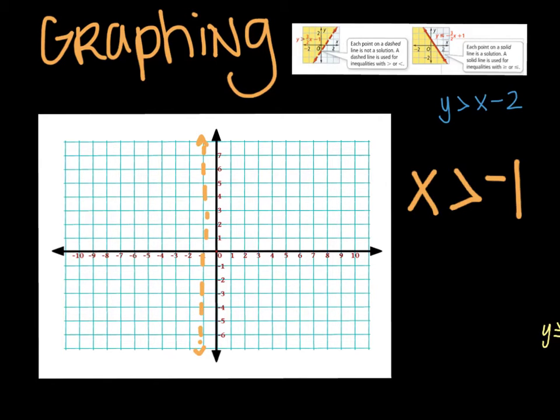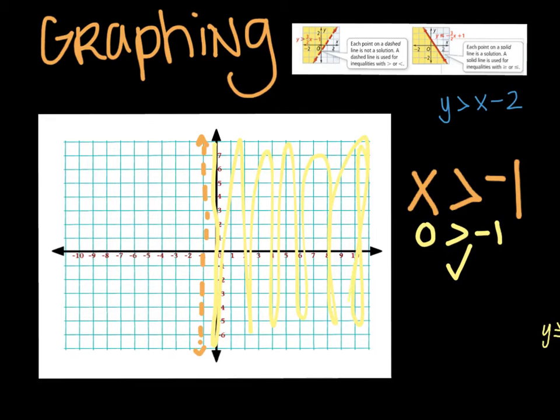And then I pick whichever. I'm going to pick 0, 0 again. So 0 is greater than negative 1. And obviously that is a true statement. So we are going to shade in that area. And that is the solution to our inequality, anything in the shaded region.